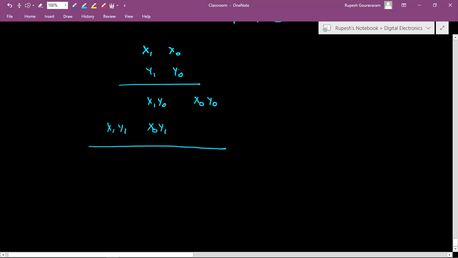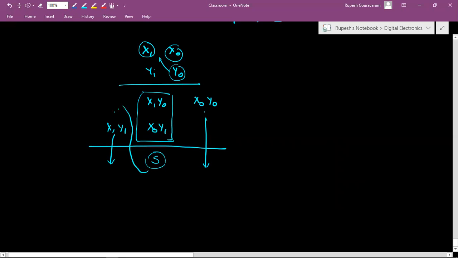First, we are multiplying each bit, this bit with this bit as well as this bit with this bit. Now we are adding these two bits. We directly write this here, we directly write this here, and we write the sum here. When we get a carry here, that carry will be added back to this.